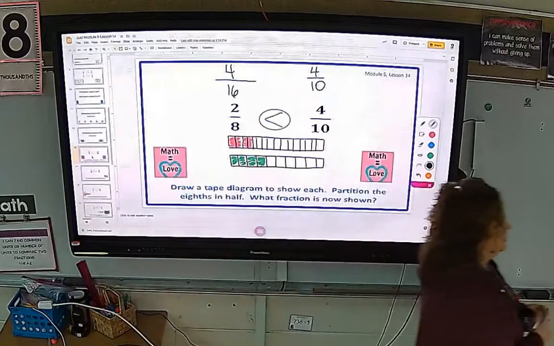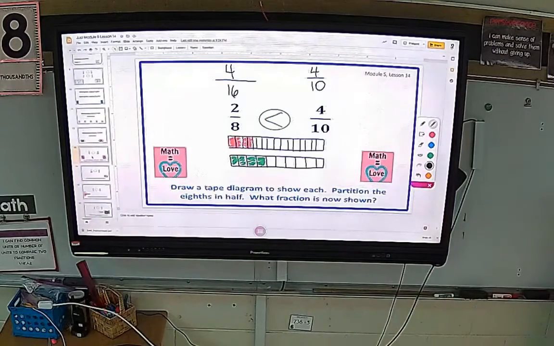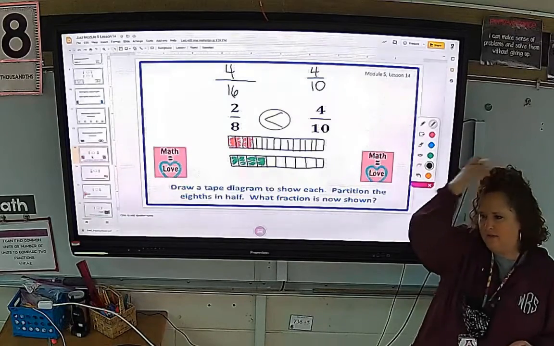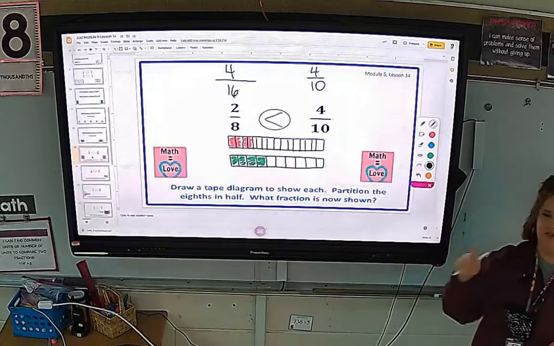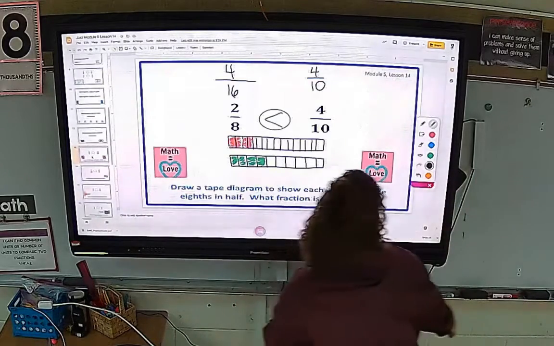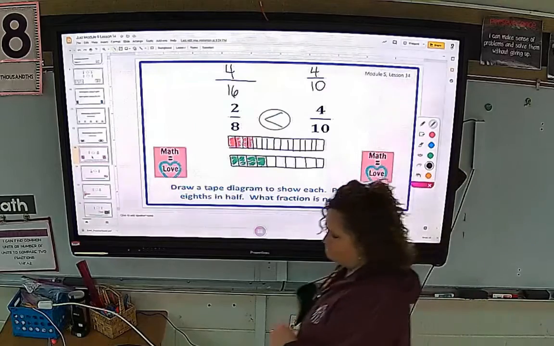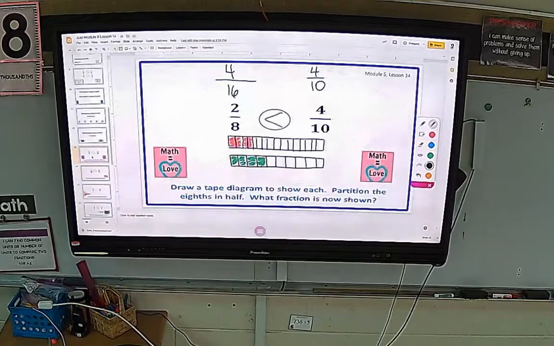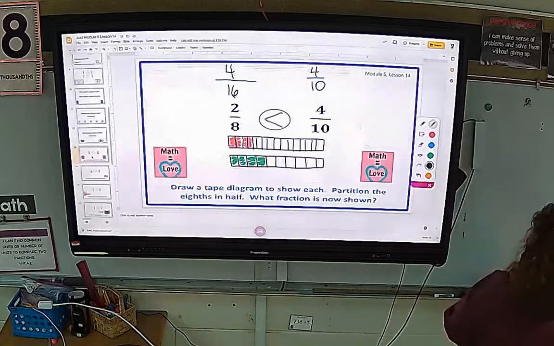Before we keep going, we have just very quickly talked through several slides. What are some of the strategies that we've seen that help us know which one is larger or smaller? I'm going to put a list over here on the board. What's one of them? Yeah. Looking at the numerator and denominator.